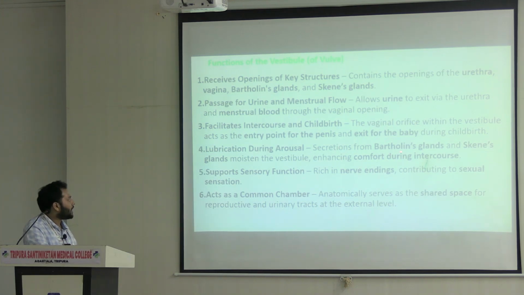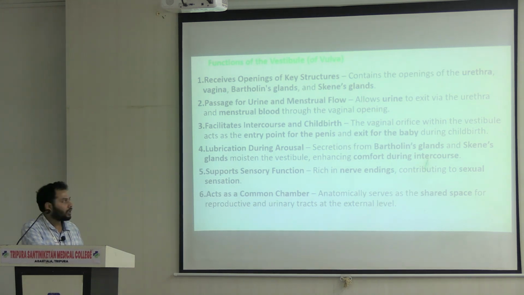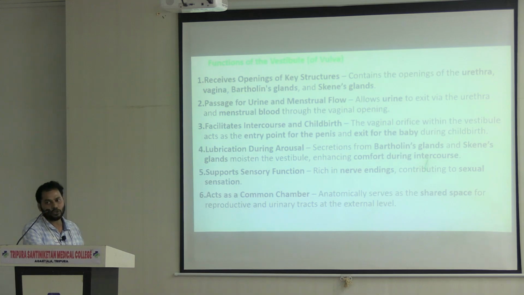So secretions from the Bartholin glands and Skene glands moisten the vestibule, which enhances comfort during sexual intercourse. It also has sensory functions because this part is rich in sensory nerve endings that contribute to sexual sensation.